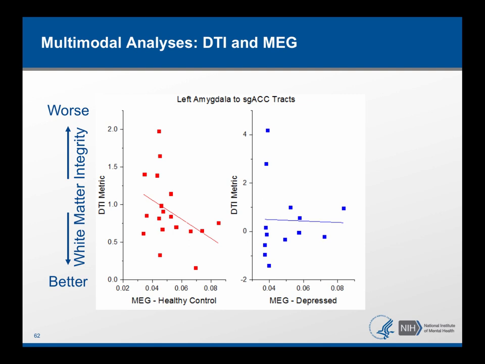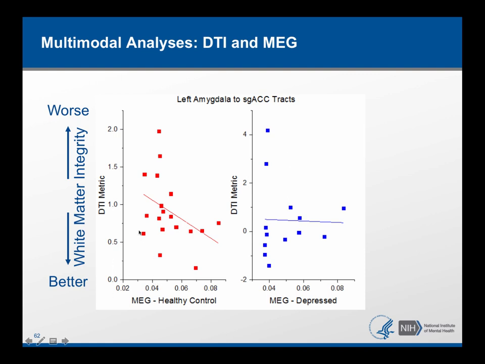We're still sifting through our data on this, but this is an example of one finding so far, looking at a DTI metric that is just a single number that gives a measure of white matter integrity, such that a higher number implies worse white matter health, and a lower number implies better white matter health.